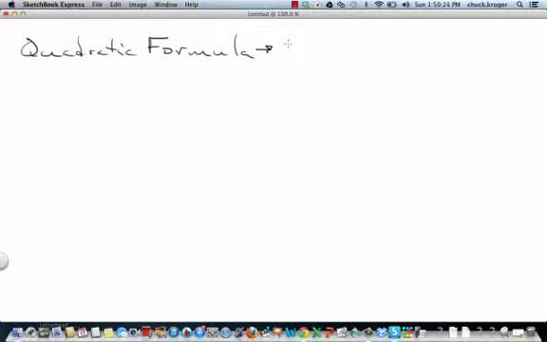It is x equals the opposite of b plus or minus the square root of b squared minus 4ac all over 2a. Now, some people only divide this by 2a. That's a big mistake. All of this gets divided by 2a. And the other mistake that I see quite often is when people square b and write down a negative answer.